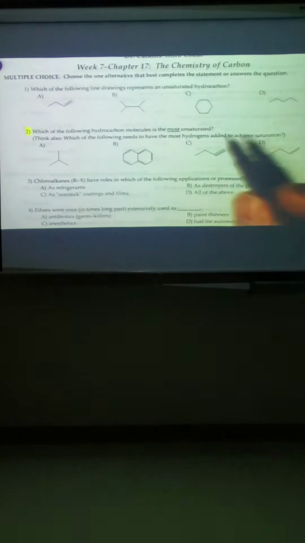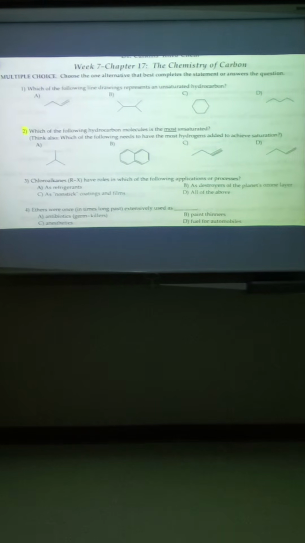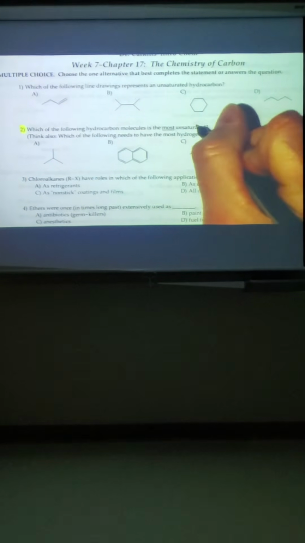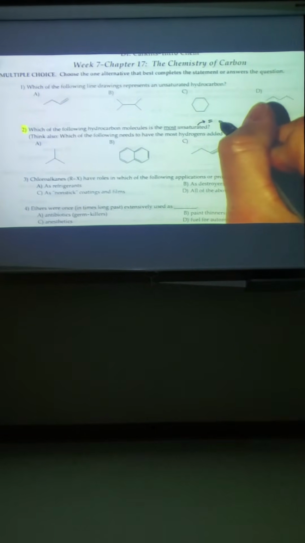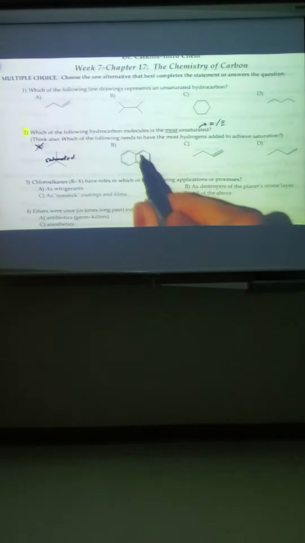Number 2 has most unsaturated. Unsaturated just means look for double or triple bonds. And notice this one here, that one's saturated, so definitely not it. Here we have 1, 2, 3, 4, 5 doubles. Here we have 1 triple, and then here we have 1 double.